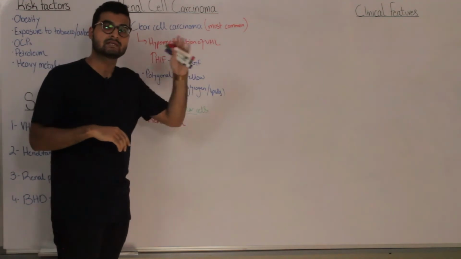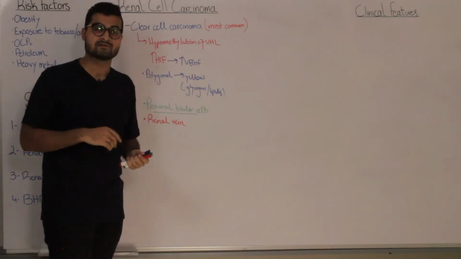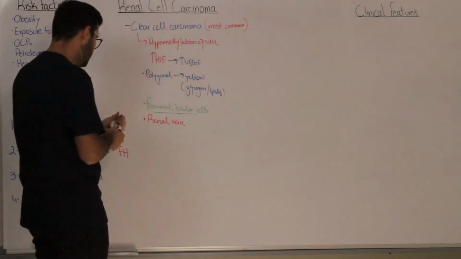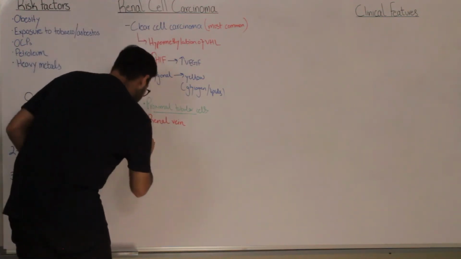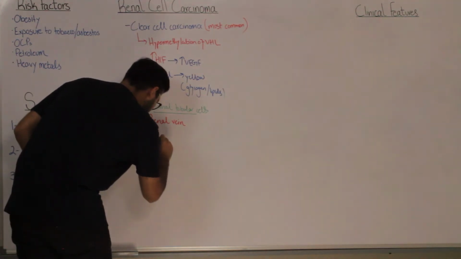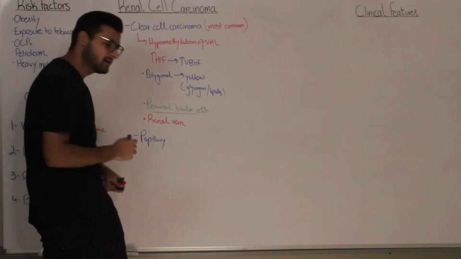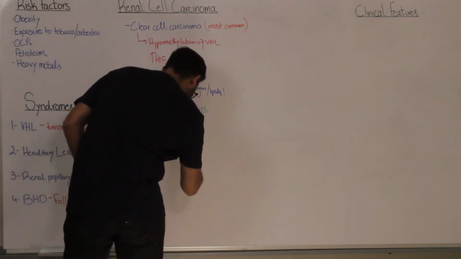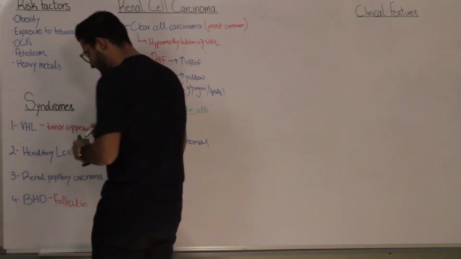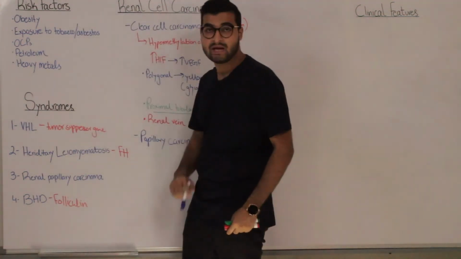Now coming on to the other type of carcinoma, which is your papillary carcinoma. So in papillary carcinoma, let's see what happens. I think we have discussed papillary carcinomas, have we? Yes, we have. We talked about it in the syndrome section over here. You have renal papillary carcinoma.